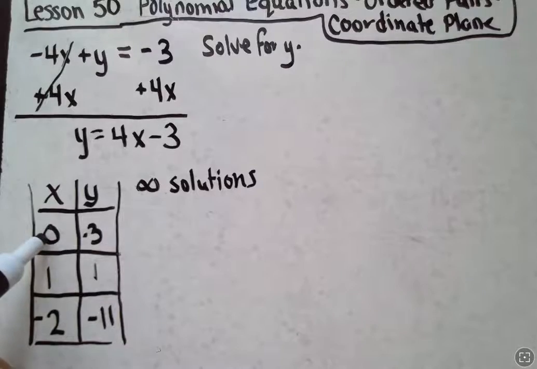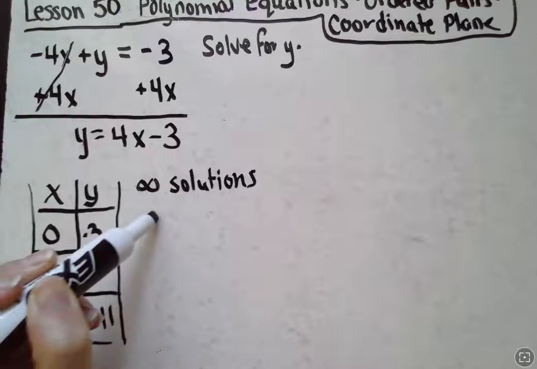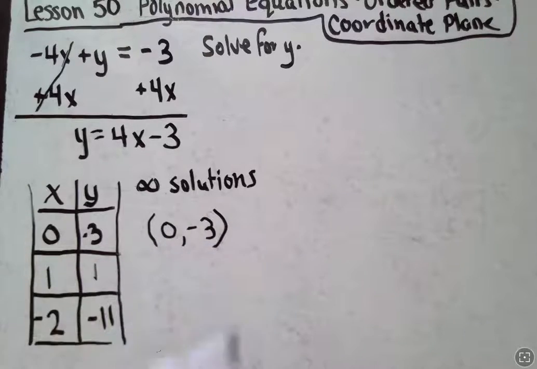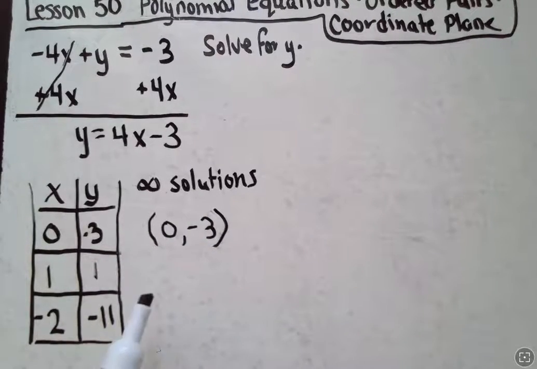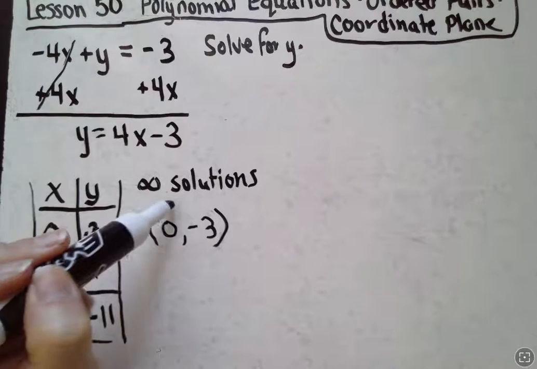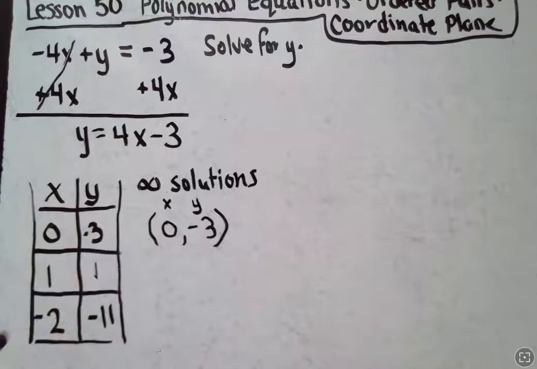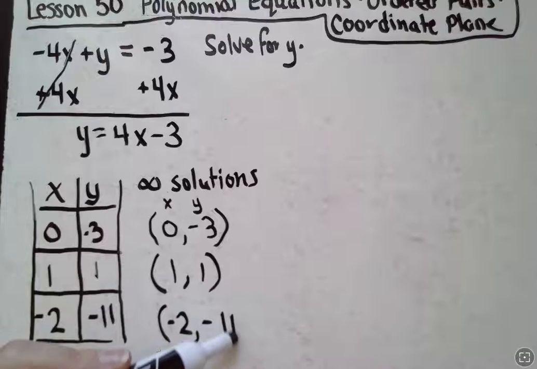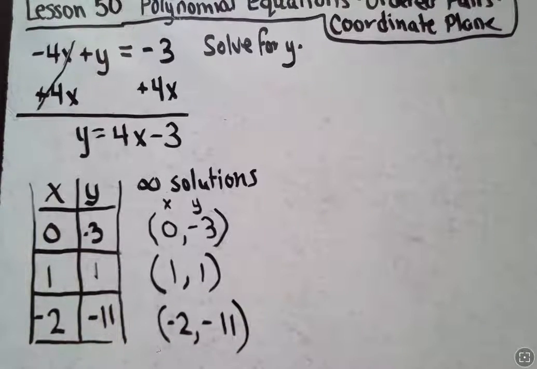So we could write this solution, x equals 0, and y equals -3 as an ordered pair, which means they go in parentheses separated by a comma. It's always the x value first and then the y value. I could also write this solution as an ordered pair, 1, 1. And then finally -2 and -11. Okay, so those are just some ordered pairs.